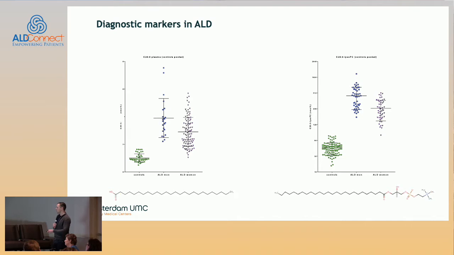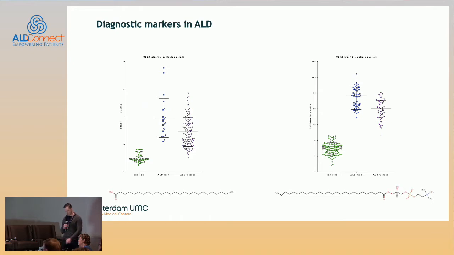When we consider the levels in controls and patients, again with concentration on the y-axis and various groups on the x-axis, we see again a large difference between controls and ALD males, and this time also a bigger difference in ALD women compared to healthy controls.